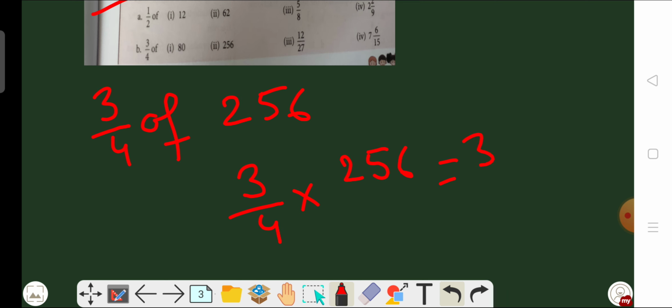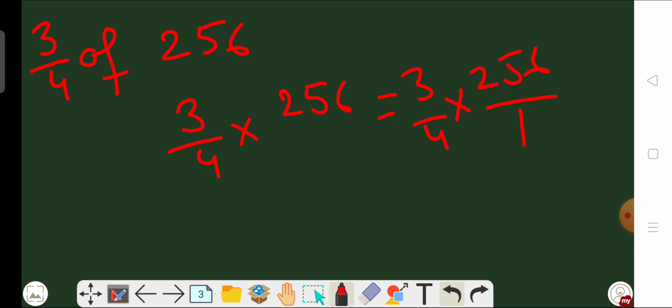This is equal to 3 by 4 multiplied by 256 by 1. Now we have to multiply fractions. So we have to multiply numerator to numerator and denominator to denominator. So there is a highest common factor, that is 4 between 256 and 4.